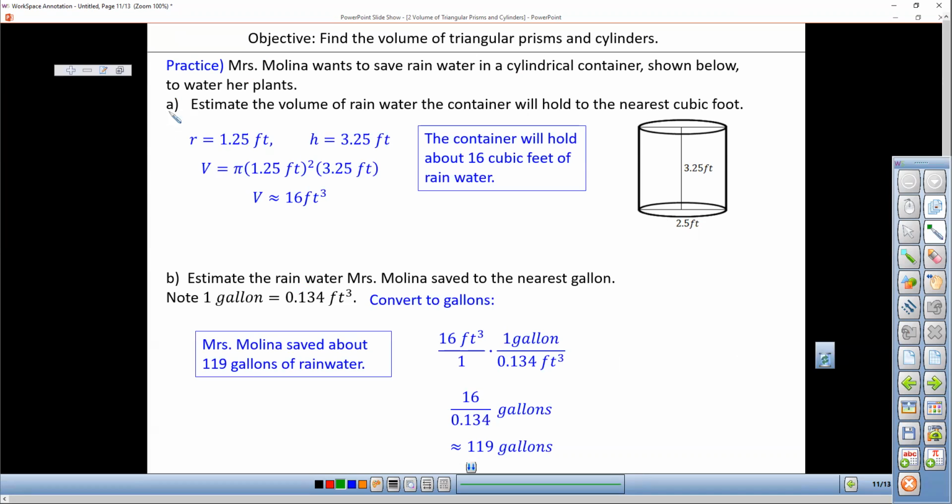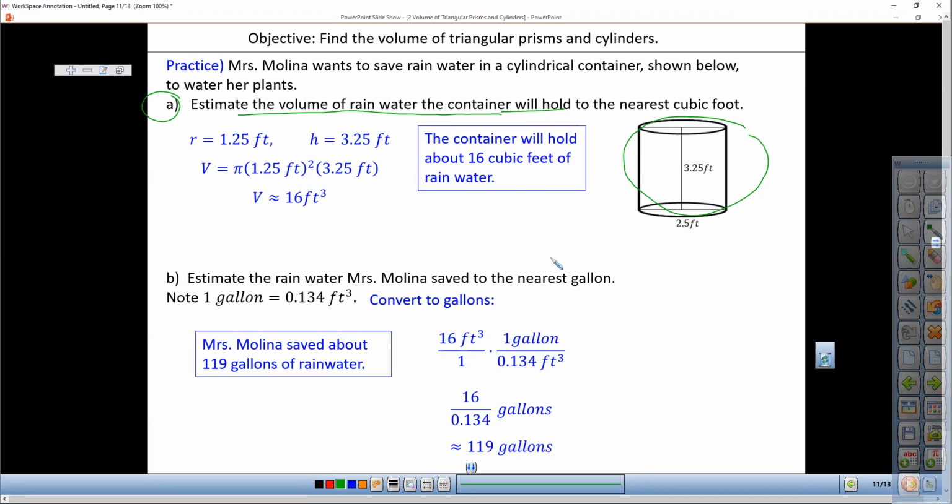So here for part A, where we're estimating the volume of rainwater the container will hold, we're looking at finding the volume of this cylinder container. We want it to the nearest cubic foot. Both measurements are in feet, so no conversions are necessary.